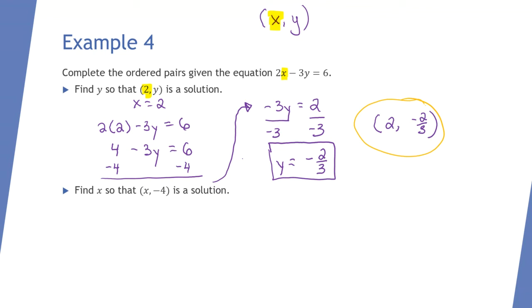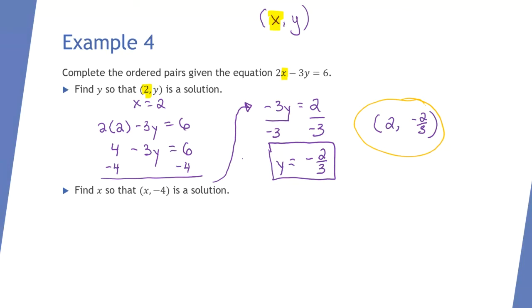So you would graph the ordered pair. And if you were to do that, you would have to estimate what it is as a decimal. So if you were to do it by hand, you would have to figure out what negative 2/3 is as a decimal and then sort of estimate it. And that would be like negative 0.6 repeating.